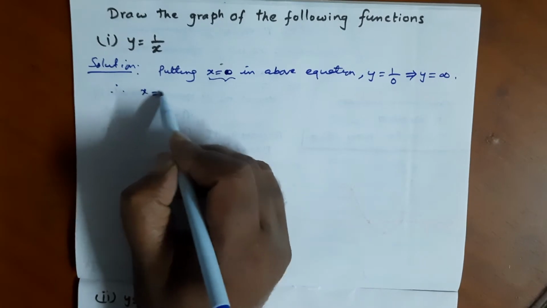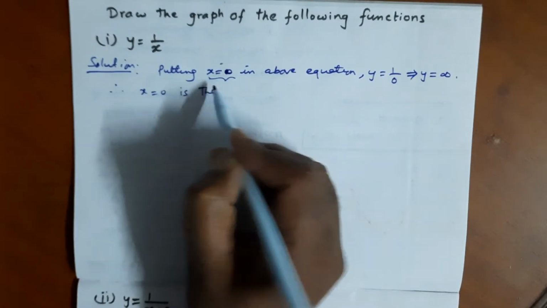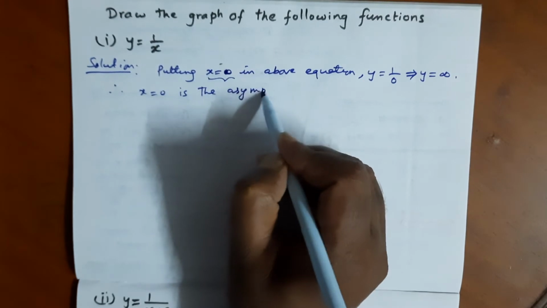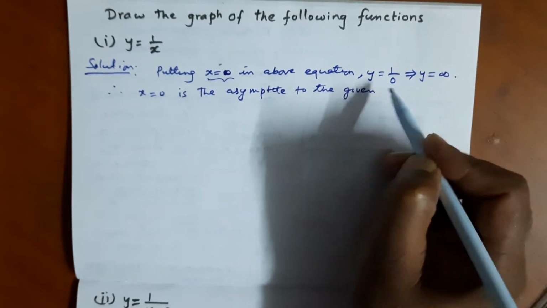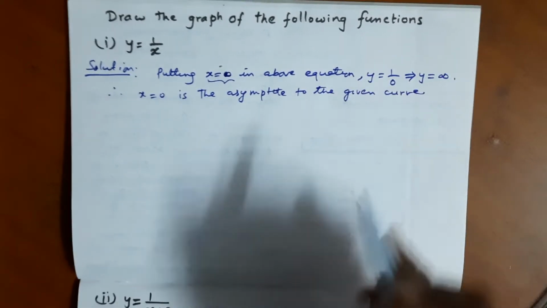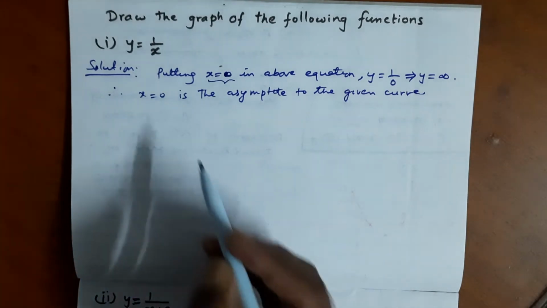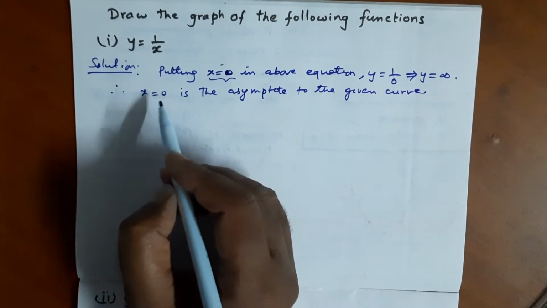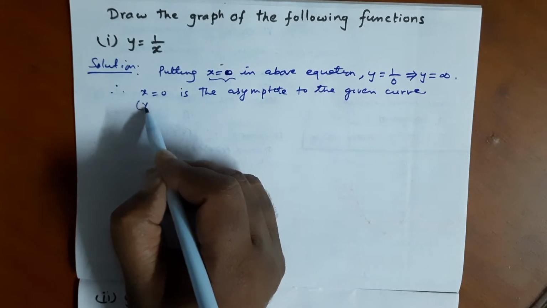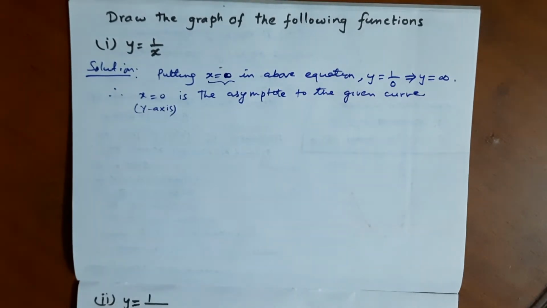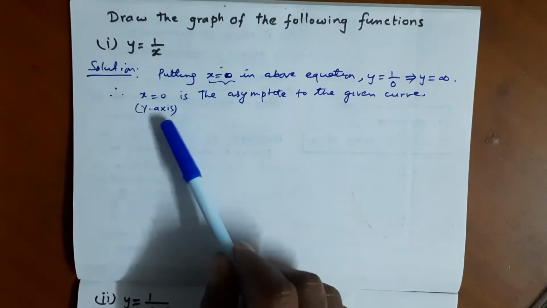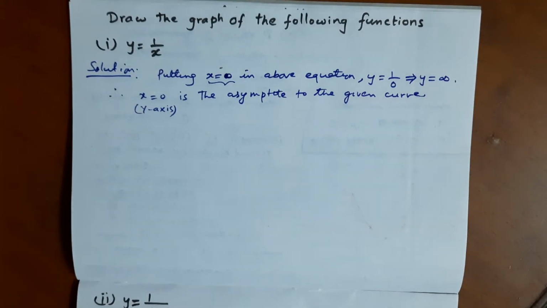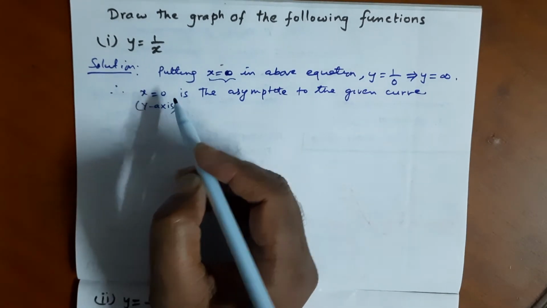Therefore, x equals 0 is the asymptote to the given curve. That means the curve goes together with x equals 0. X equals 0 is actually the y-axis, and the curve doesn't meet the y-axis at a finite distance, but it meets the y-axis at infinity. So this is one of its characteristics.